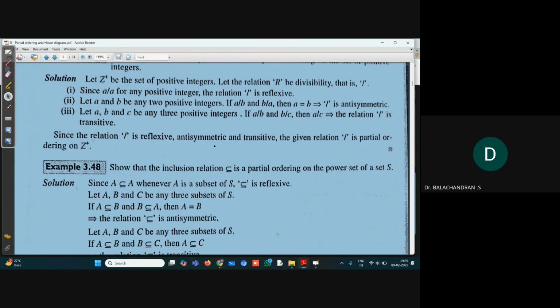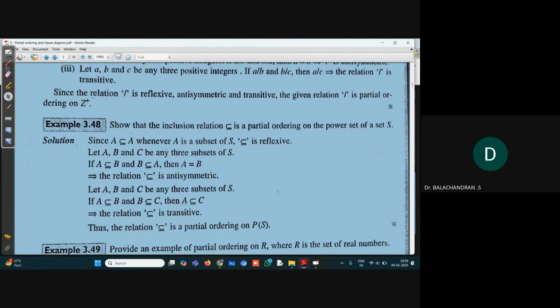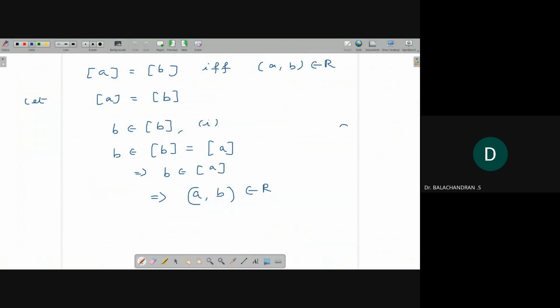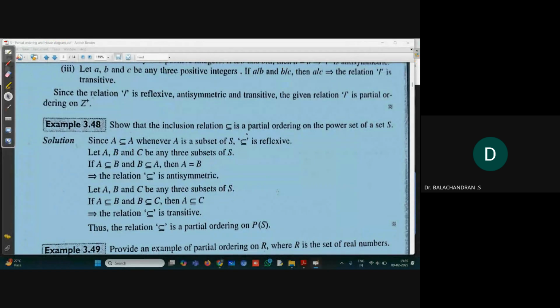Okay, and the next problem, show that the inclusion relation, which we call set inclusion, is a partial ordering on the power set of the set.